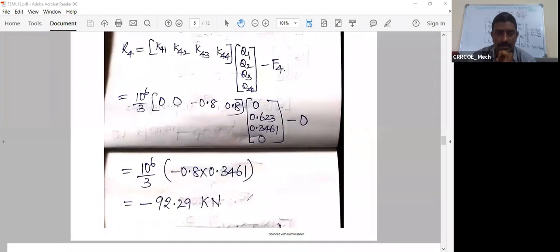Here, the summation of reaction forces at the fixed supports, R1 plus R4, is equal to the applied force on the structure, P. Here R1 is 207.67 plus 92.29, which is approximately equal to 300 kilonewtons.